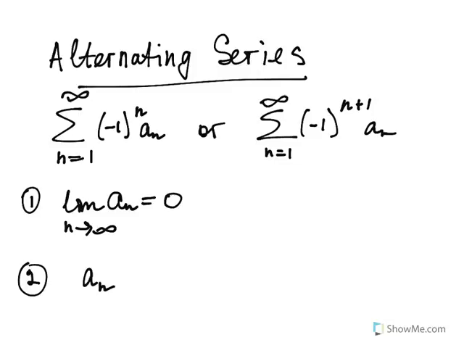Your a sub n is supposed to decrease. It should be a decreasing sequence, where a sub n plus 1 is less than or equal to a sub n for all values of n, for all integers.